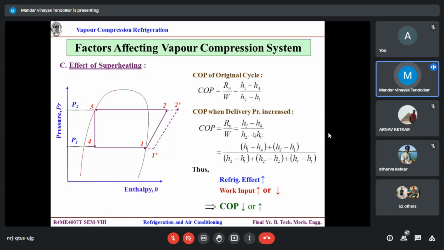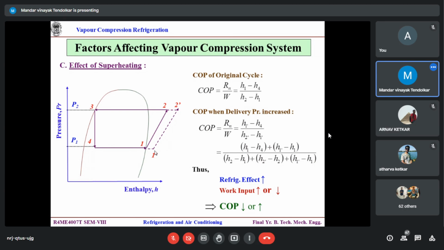This is not an assured method. Do you agree? Yes, sir. Correct. The larger the pressure difference between the evaporator and the condenser, naturally the larger the delta H. The smaller the difference, the smaller. So here again it goes as a percentage: percentage increase in the refrigeration effect and percentage increase in the compressor work. It solely depends on that.